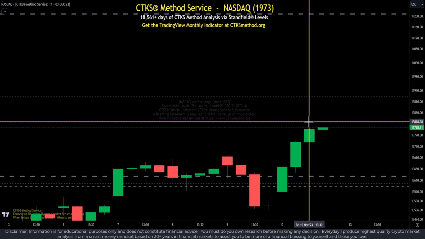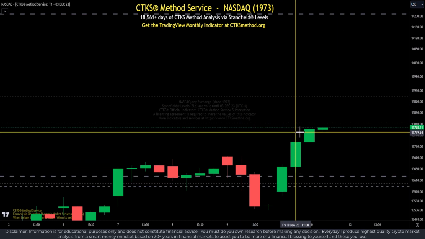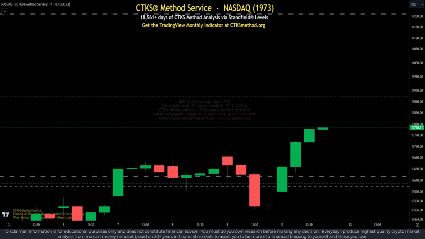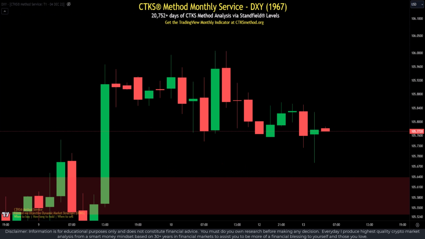One thing to bear in mind, as the S&P 500 enters structural resistance, not so for the NASDAQ. But if you didn't have this indicator, if you don't mark up your charts with the CTKS method, you would never know. The good financial commentators out there always talk in terms of probability because financial structure is based on probability.